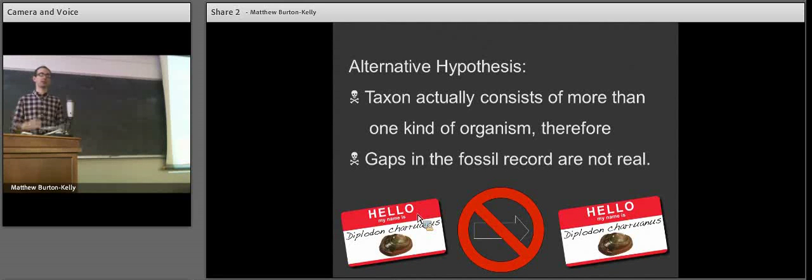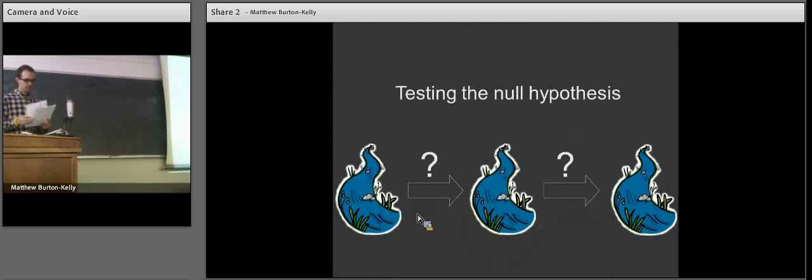To disprove this null hypothesis, I need to show that the lineage could not have survived in a suitable habitat during the time covered by the temporal gap. If the genetic material couldn't get from point A to point B, or time A to time B, the populations at A and B can't represent the same taxon or type of organism.